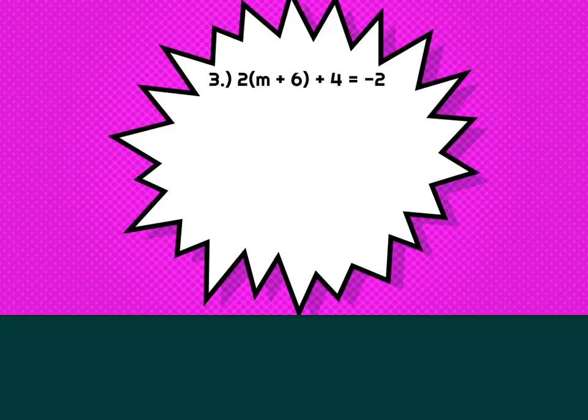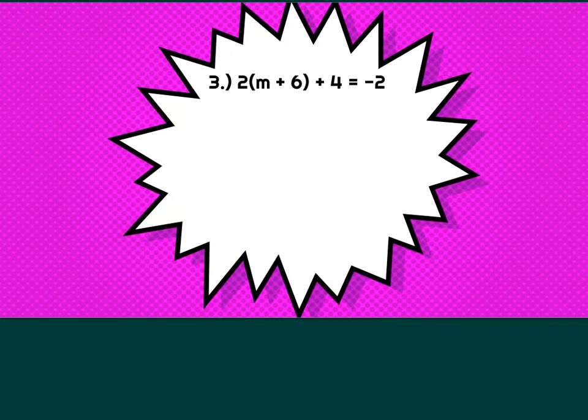Number 3. 2 times the quantity of m plus 6 plus 4 equals negative 2. The first thing you need to do is get rid of these parentheses, and you do the distributive property. We only need to worry about this section here with the parentheses. So I will draw a circle square, bring down everything else.